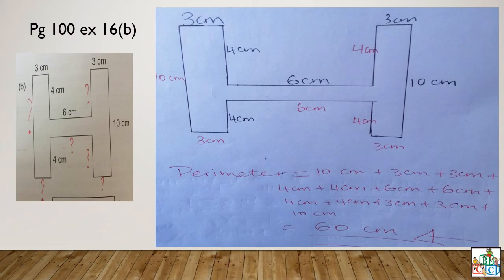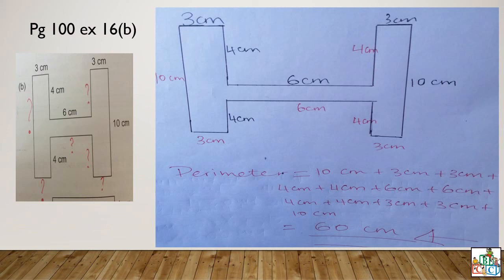You're going to find out like this. Each time you're going to find out and write the missing parts. Then you're going to find the perimeter. You're going to add all the sides. You have to be very careful. Do not miss any side. Otherwise your answer won't be good.